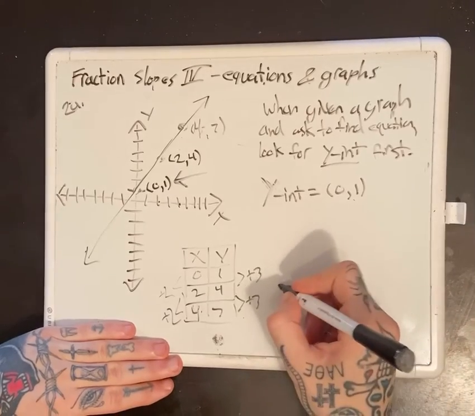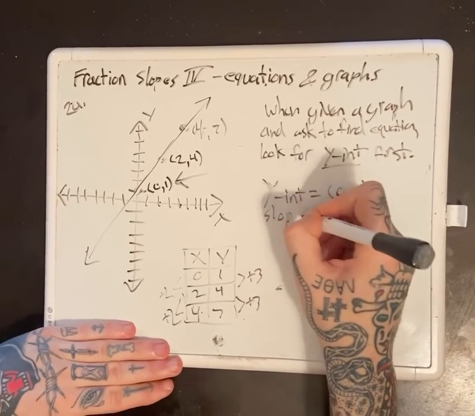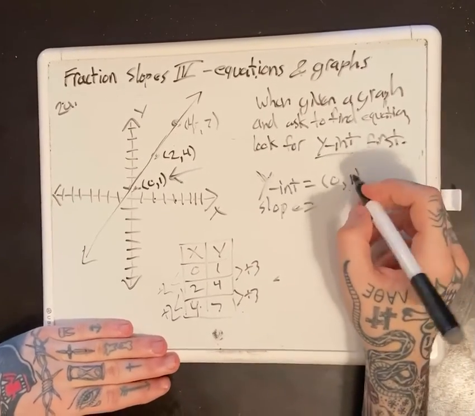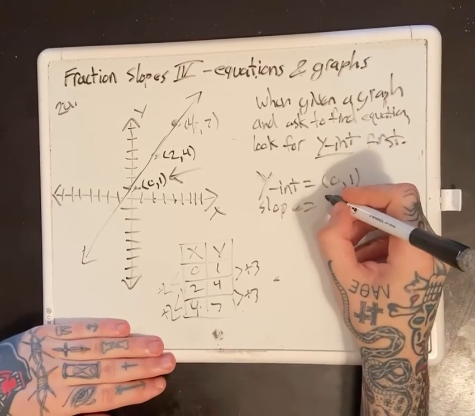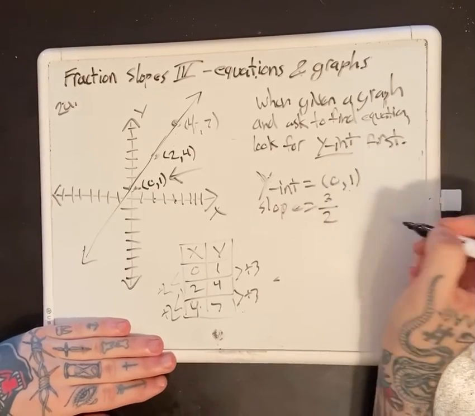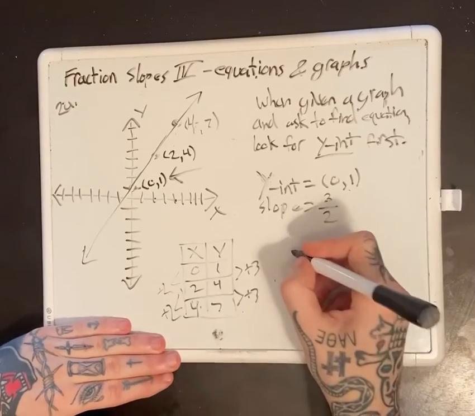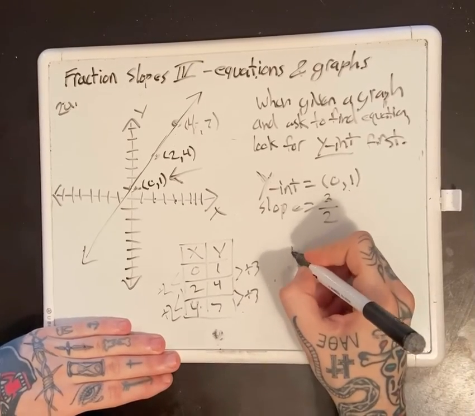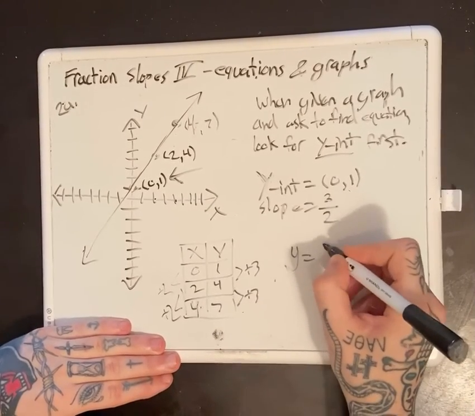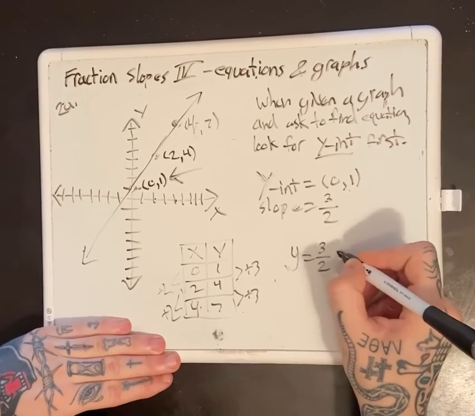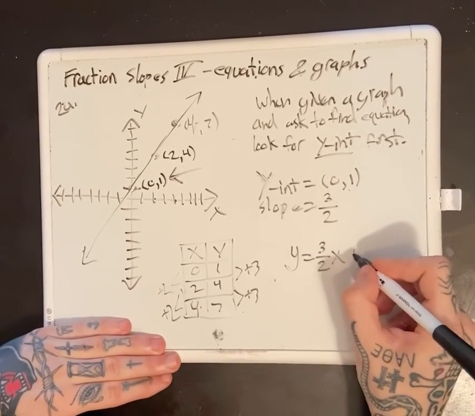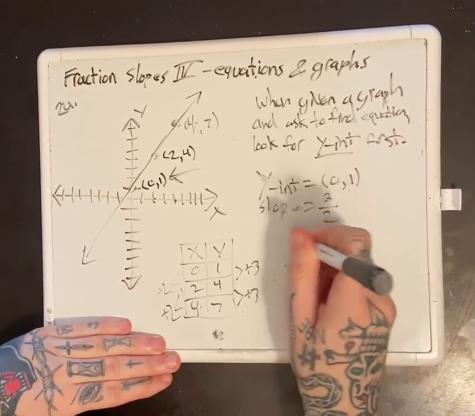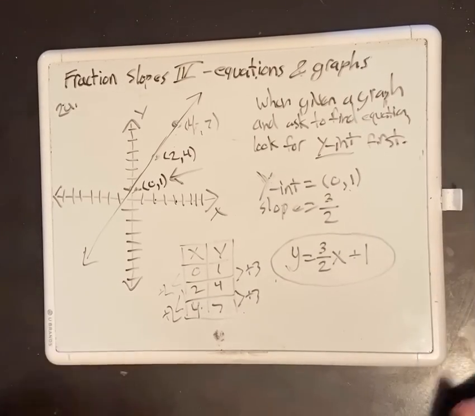So that makes our slope equal to 3 over 2. So that makes our equation y equals 3 over 2x plus 1. All right, good luck with the rest of the handout.